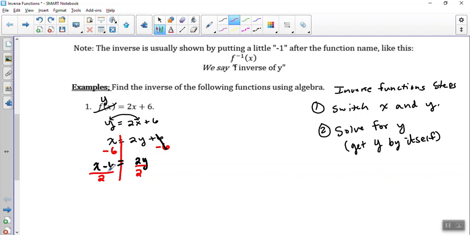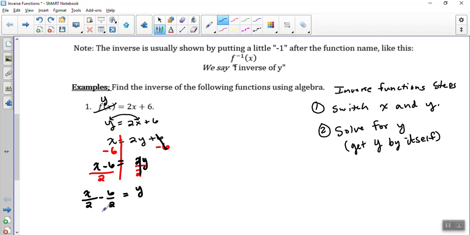So it's not just the x or the 6, but the whole thing. The 2 gets canceled out, so you have y equals x minus 6 divided by 2. You have to make sure to divide everything by 2, so x divided by 2 and then 6 divided by 2 as well.